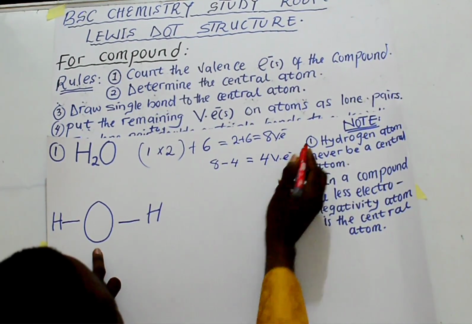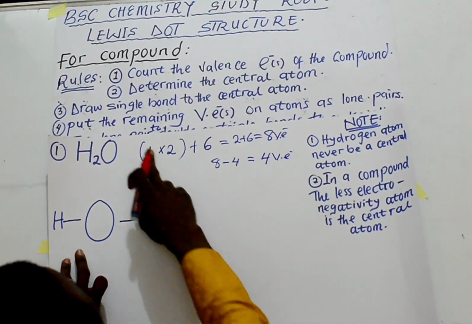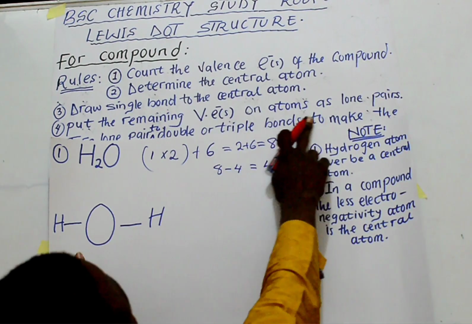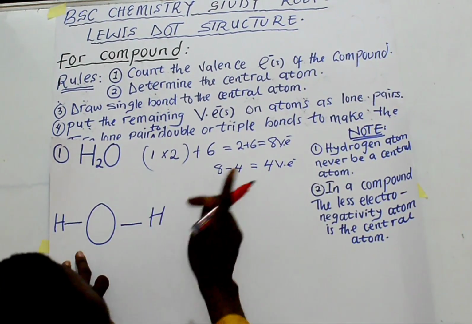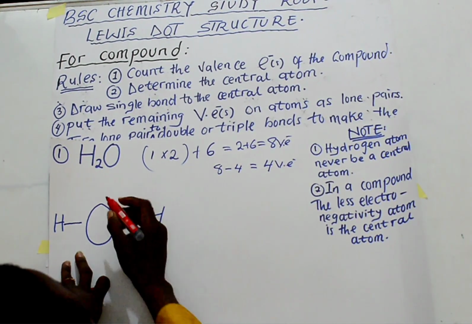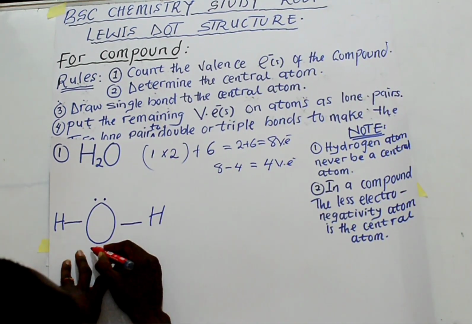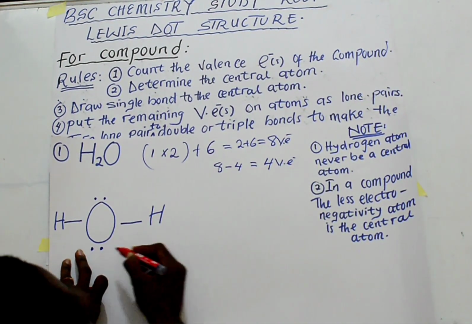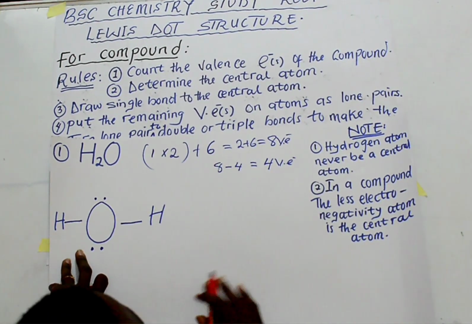Now we distribute these 4 valence electrons on the atoms, as step number 4 says. We cannot distribute them on hydrogen because hydrogen only needs 2 electrons to be stable. We draw them on the oxygen. Dot, dot, dot, dot. 4 electrons. So now oxygen is happy, being octet.